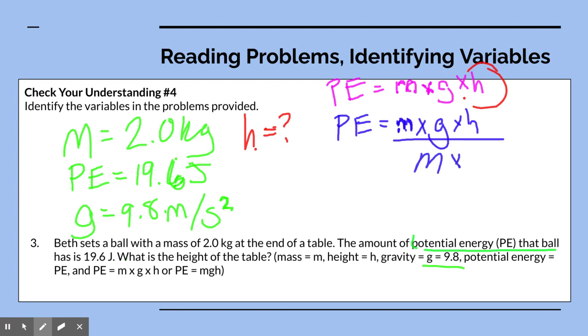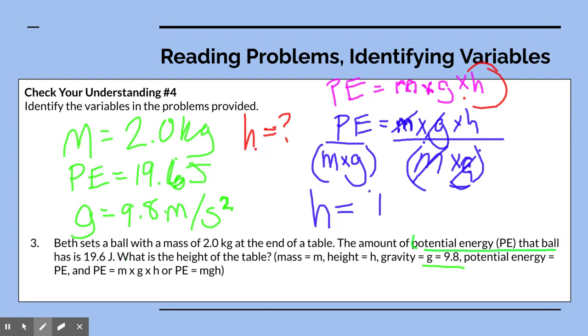We can divide M times G at the same time to both sides. That cancels out, and then we're left with H is equal to PE over M times G.